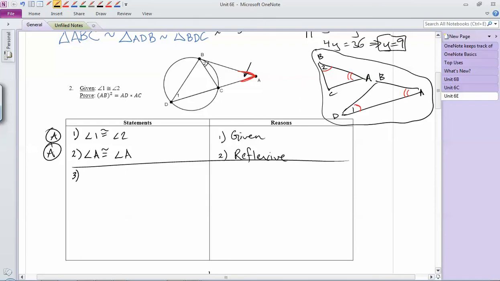So if I call, let's say the one that's smaller, if I call that triangle ABC, then that's going to be similar to triangles. So ABC goes 2 curves, 1 curve, no curve. So I'd have to go ADB. And the reason is, well, I matched up 2 pairs of angles.